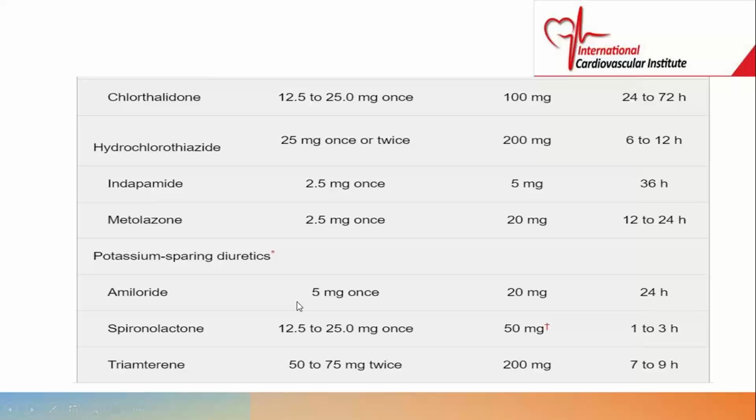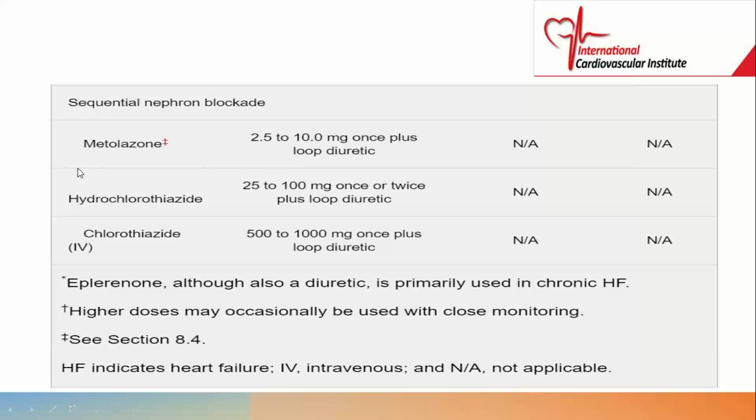You need to know one non-loop diuretic very well, and if that's your go-to medicine, you should know everything about it. You need to know one of the loop diuretics very well, and if that's your go-to medicine, know how to use it very well.